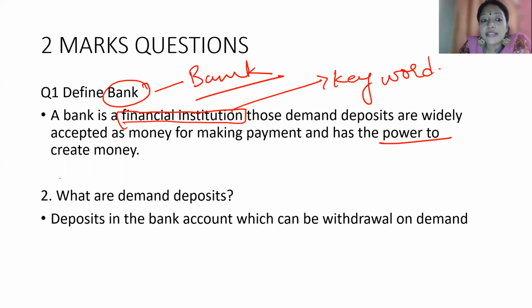This again is your important keyword. I hope you understood how you need to write the answer. So in this answer, your financial institution, your demand deposits, and then your power to create money: these are the 3 important keywords which you need to mention.